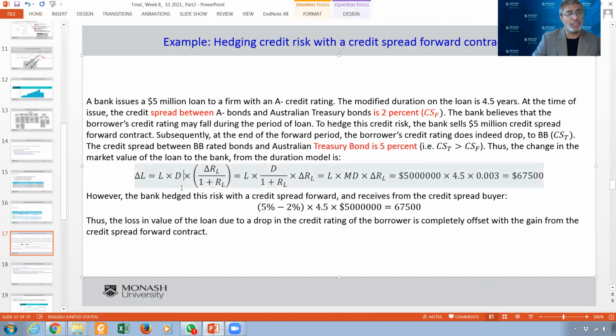Now, if you look at the change in the loan, it is actually the change from 2% to 5%, which is 3%.